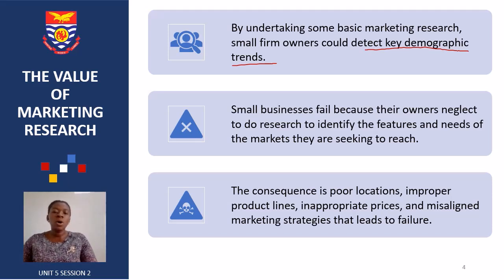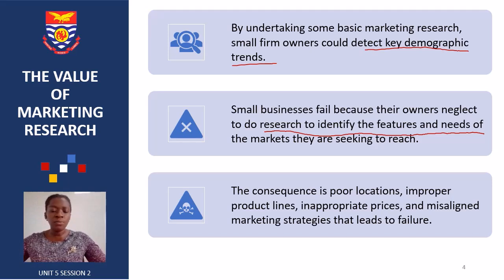And we're saying that small businesses fail because their owners neglect to do research to identify the key features and needs of the market they are seeking to reach. So some people wake up today and say, I have a business idea, I want to do this. Oh, it is for everybody. Or I'm looking at UCC. UCC is very big.